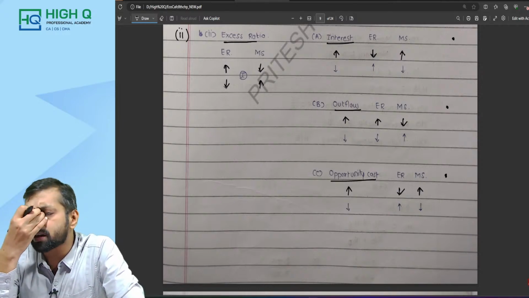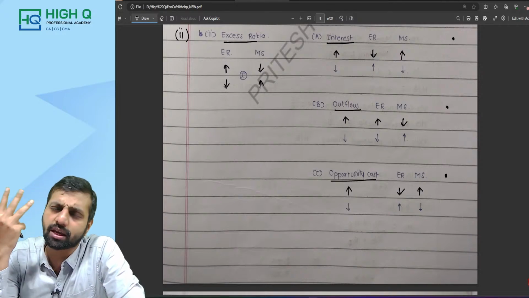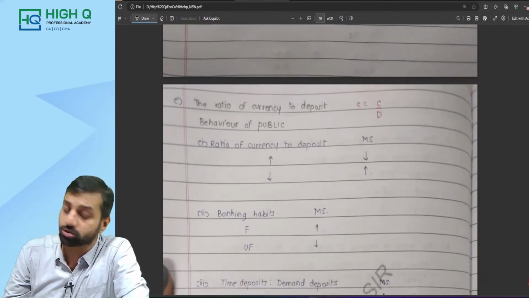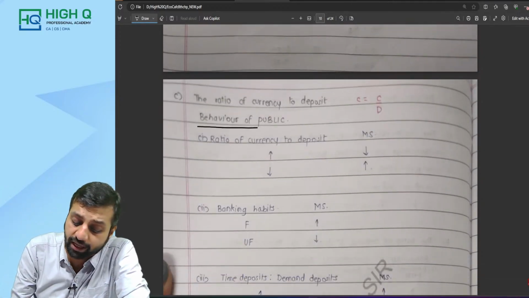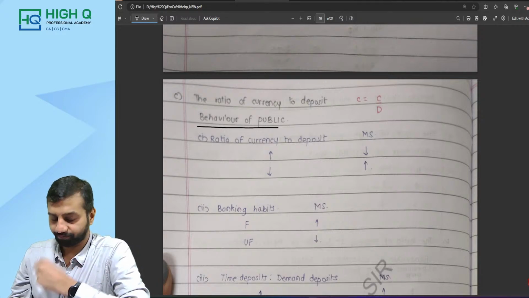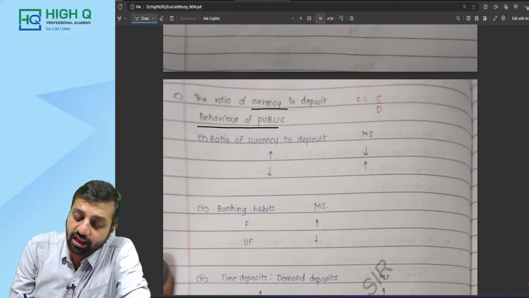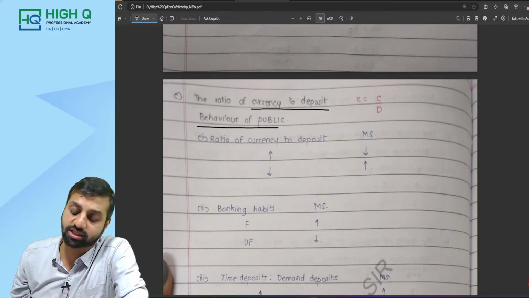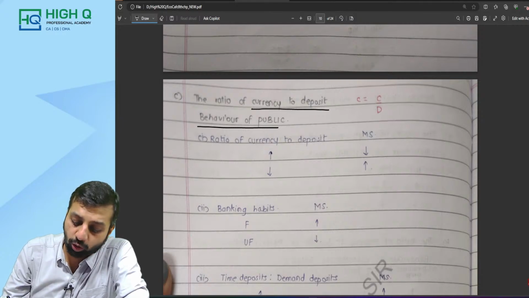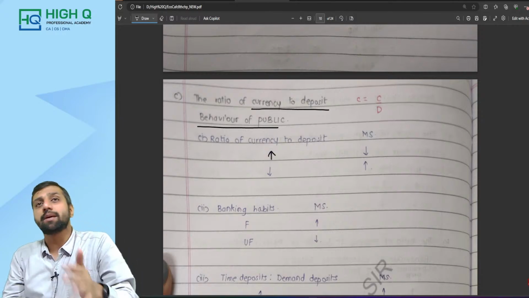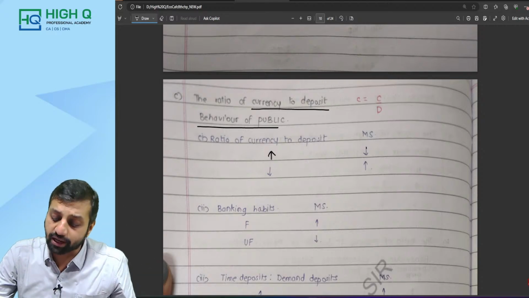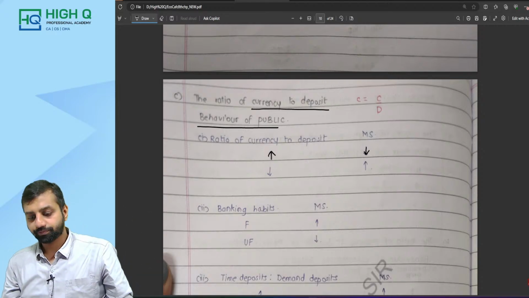So how many behaviors are we supposed to study? Three behaviors. Behavior of central bank, behavior of commercial bank. Now we need to study the behavior of the public. That is the ratio of currency to deposit. Now, if people hold more currency with them and deposit lesser money in the bank, the credit creating ability of banks will reduce.